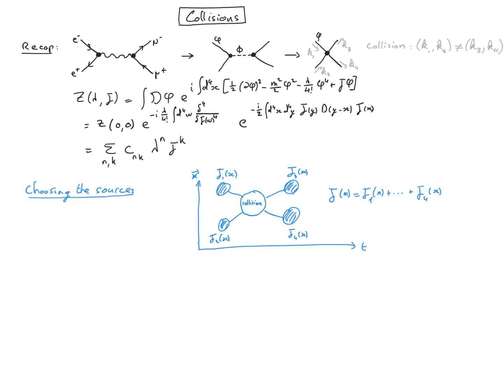This means we have a sum of 4 sources, so we are only interested in the J4 term of this expansion. All the other terms in J0, J2, J6, etc., which are contained in Z, are not relevant for the physical process we are interested in.